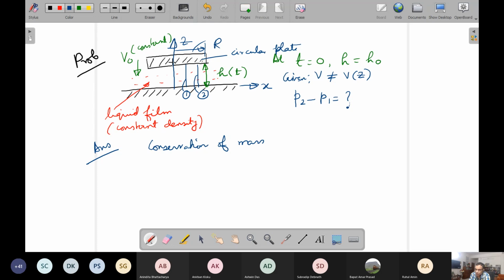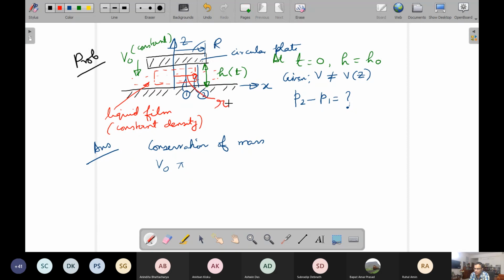is sweeping some flow along with that. What is that sweeping flow? That sweeping flow is the velocity V naught times the area. Now instead of the full area of the plate, if we consider, for example, a control volume like this, which represents a local radius small r.